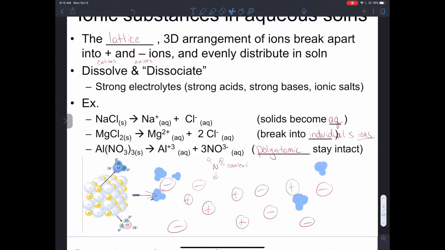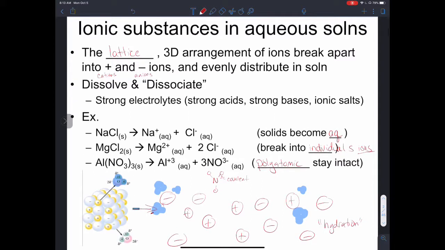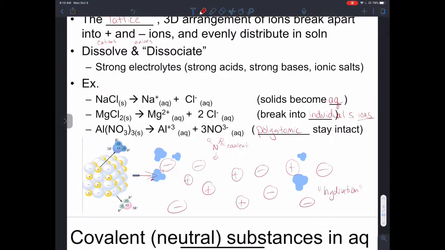And I could do this over and over to show what is essentially called hydration. Hydration is when these ions become sort of surrounded by water molecules in an aqueous solution.